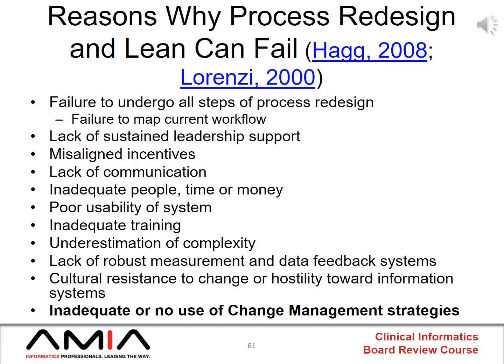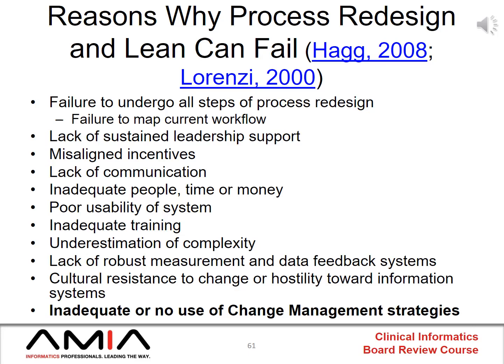However, other reasons can include a lack of sustained leadership support for your continuous quality improvement or process redesign initiatives, misaligned incentives between groups who are engaging in process redesign, a lack of communication, inadequate people, time, or money, poor usability of the system, inadequate training, an underestimation of the complexity of the process that you are trying to address.